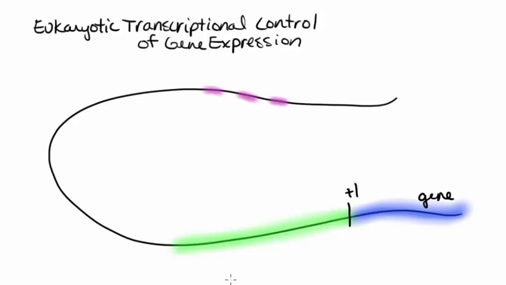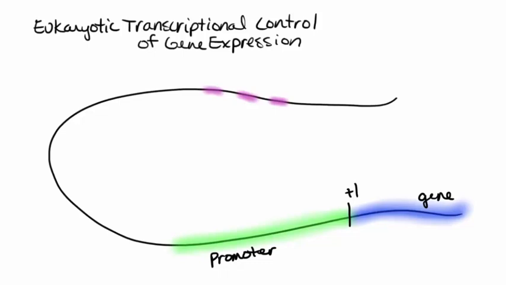The part shown here in green is what we refer to as the promoter. And the promoter is going to be very important in actually getting the RNA polymerase to the DNA and to ensure the transcription of this gene at the right level. So when we do start talking about eukaryotic transcriptional control, the promoter is really key to all of this.